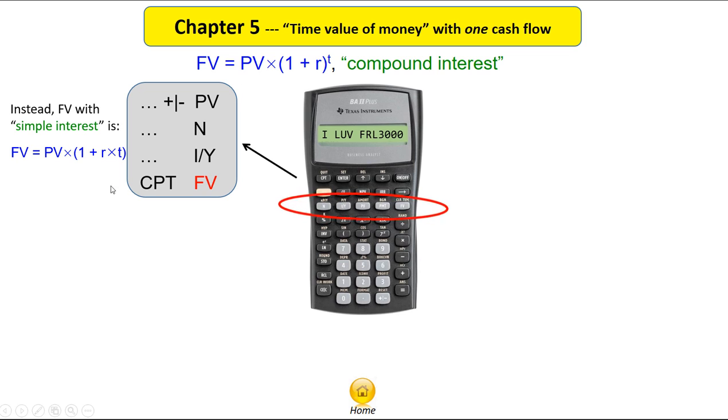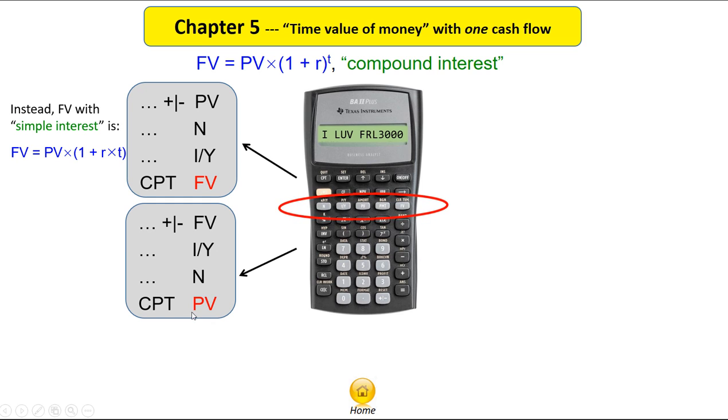It has to be done by hand only using the following formula. Future value equals present value multiplied by, open parenthesis, 1 plus r times t. So t, the number of time periods, is inside the parentheses. It's not the power as in the compound interest case. So you can see how the formulas are similar.